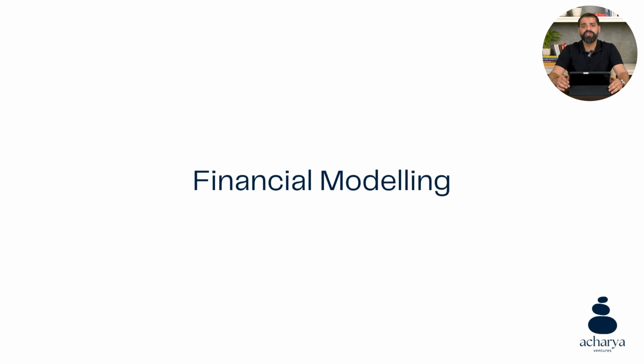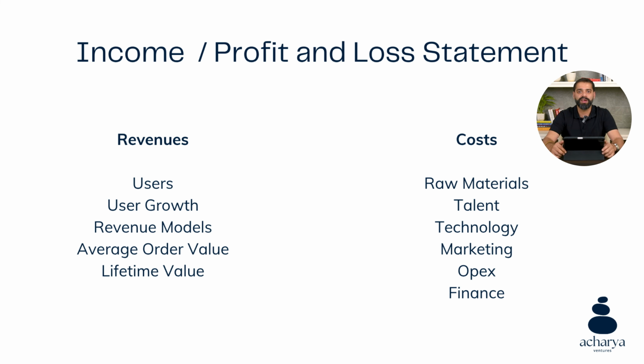So when you talk about a financial model, it's going to have a couple of main things. One is your income statement, the other is your balance sheet. Your income statement, or your profit and loss statement, is going to have your revenues and your costs. A lot of these, again, are going to be estimated, so be mindful of that.